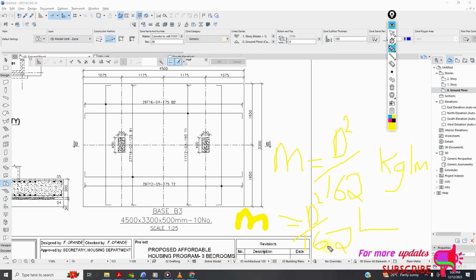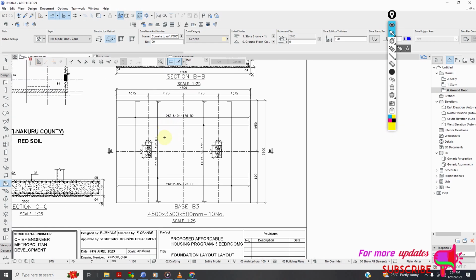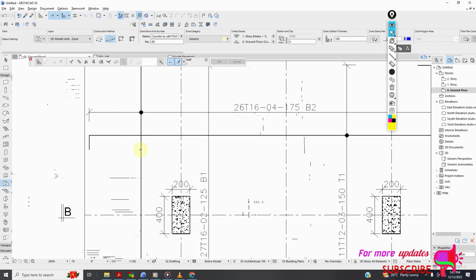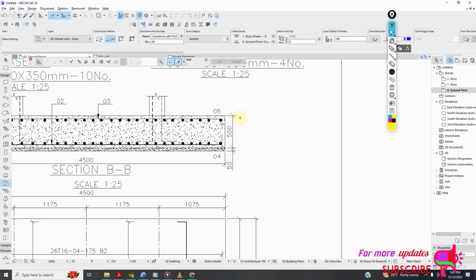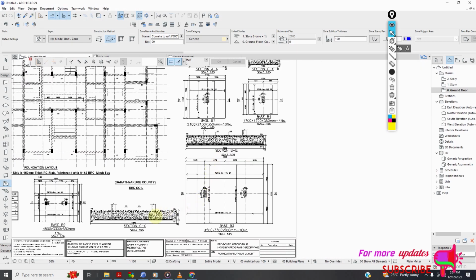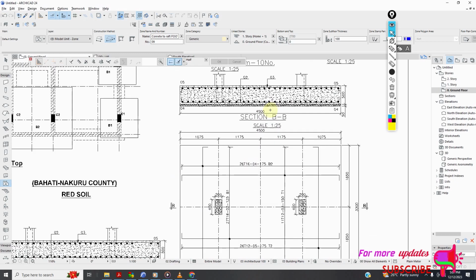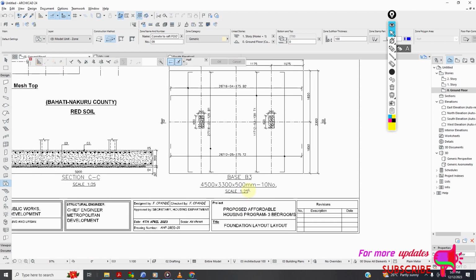Okay, so we need to determine how many rebars are there in this combined footing, and also the length. So to do that, we know that the depth is 500 as you can see here, and the length is 4,500 for this combined footing, that is base B3.